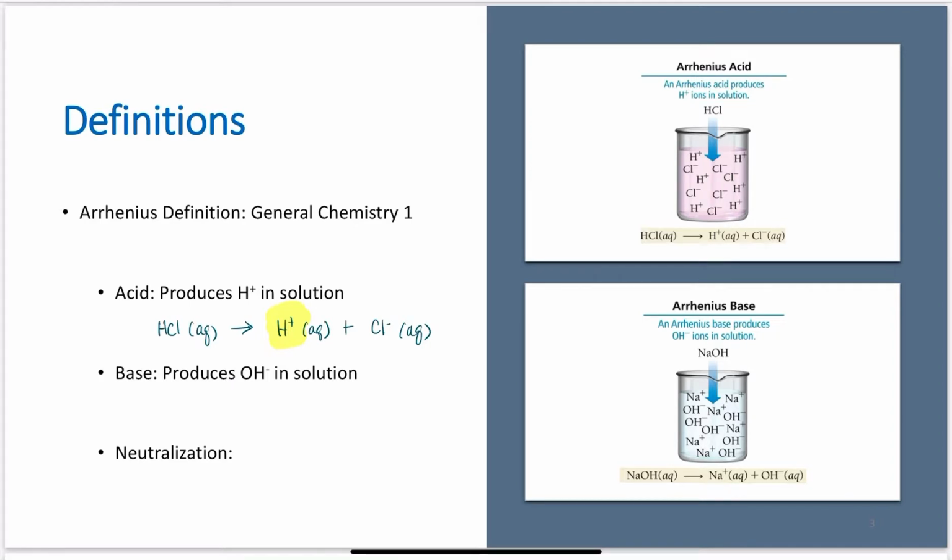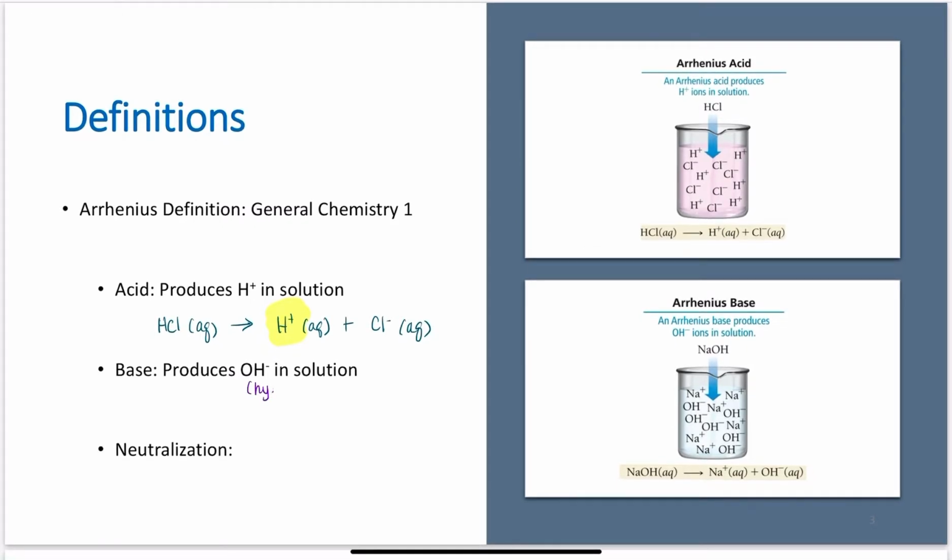We're told that bases produce hydroxide, or OH-, in solution. Let's use sodium hydroxide, a common base source. We know that this splits apart into Na+ and OH- ions in solution. This is a base because it's producing OH- in solution.